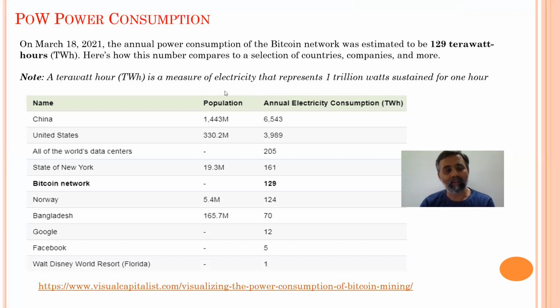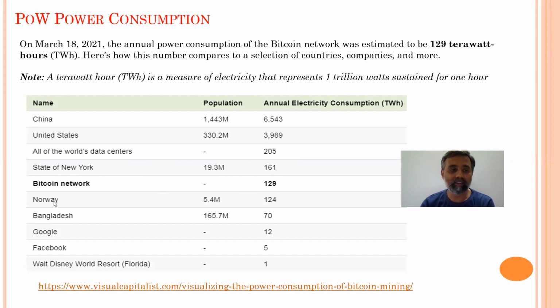If we compare the annual electricity consumption of particular countries, in China it is 6,543 TWh, in the United States 3,989, all the data centers worldwide 205, the state of New York 161, and the Bitcoin network is 129 TWh.